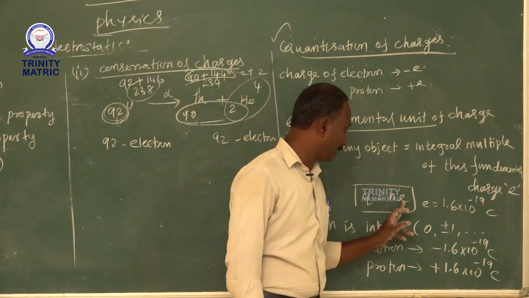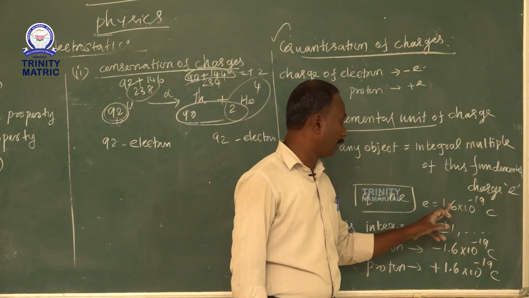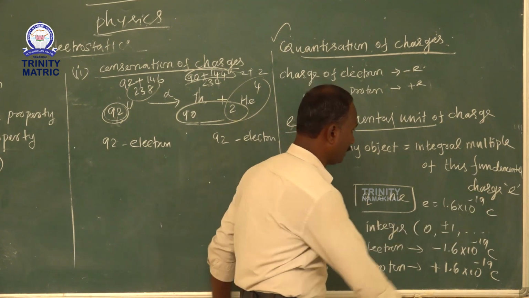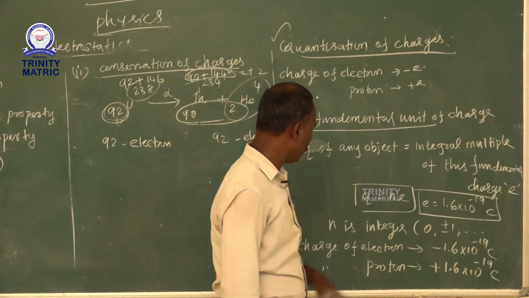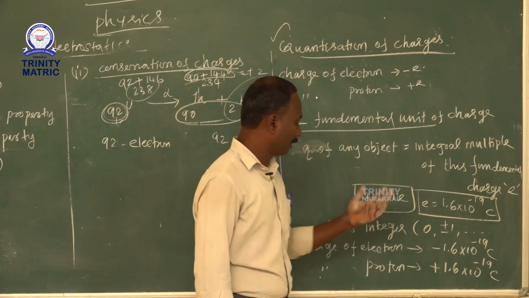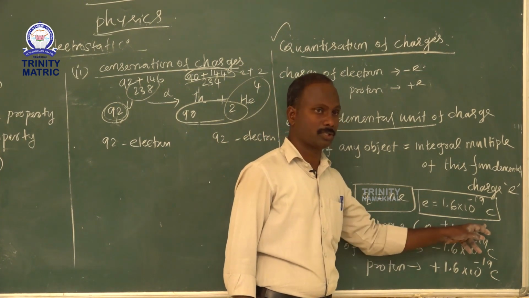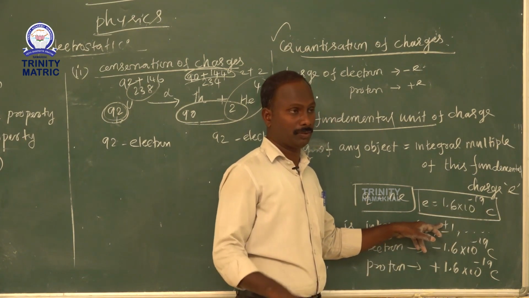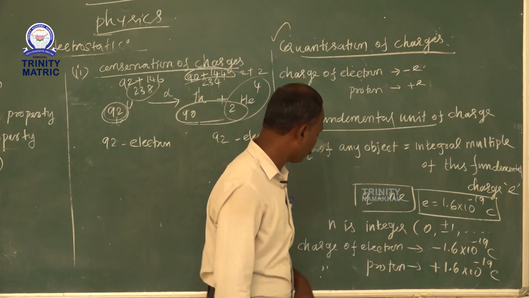So the basic unit of charge e is equal to 1.6 × 10^-19 coulomb. Now n is an integer, whether the value is 0 or plus or minus 1 or plus or minus 2, etc. Plus means positive charge, minus means negative charge, electrons.